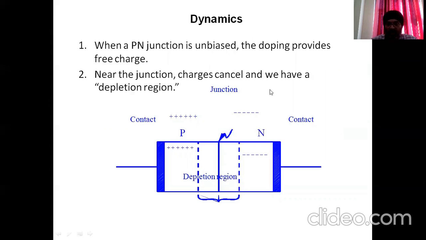Near the junction, the charges cancel and we have a depletion region. During this equilibrium state, a depletion region starts to develop, with a positive charge polarity over here and a negative polarity developed over here in the N region.